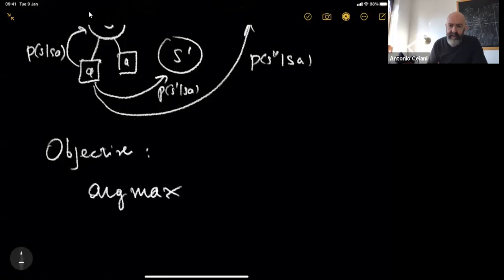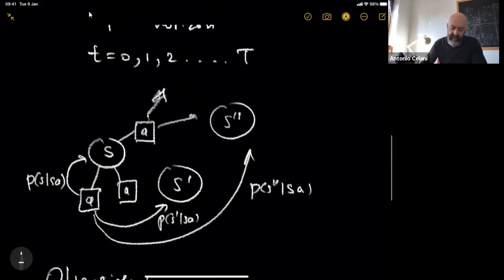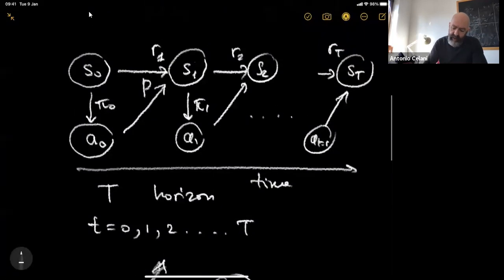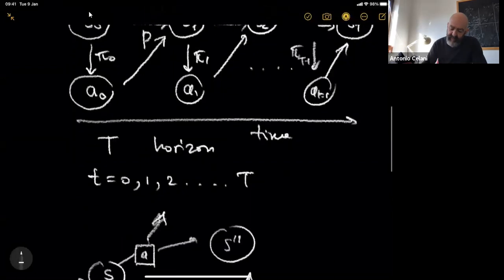So it's the argument of this function over all possible sequences of policies, so over all possible pi 0 up to pi T minus 1. This is the sequence of policies that you can take at different times: pi 0, pi 1. The last one that makes sense to consider is pi sub T minus 1.